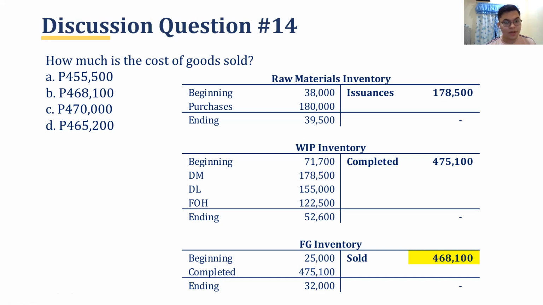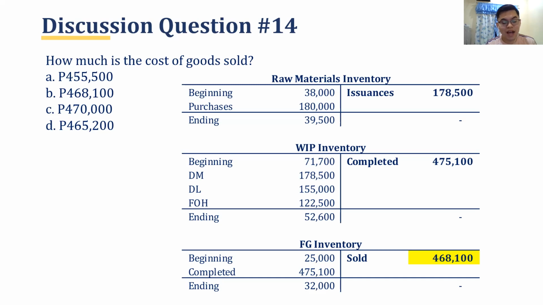So work in process inventory naman, meron siyang beginning balance na 71,700. Meron din siyang ending balance na 52,600. So pasok mo yung manufacturing cost. Una si direct materials as we computed. I-add mo lang si direct labor, that's given sa prior page natin, 155,000. Then ipasok mo si factory overhead amounting to 122,500.